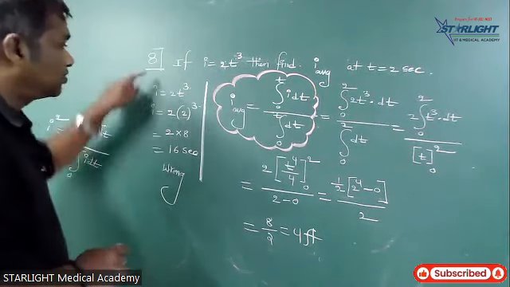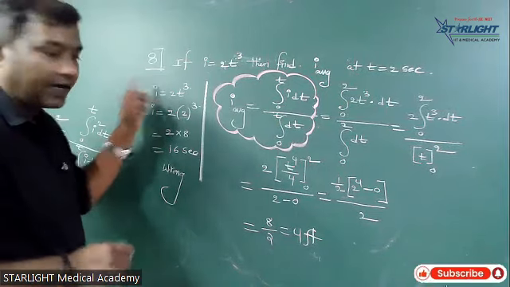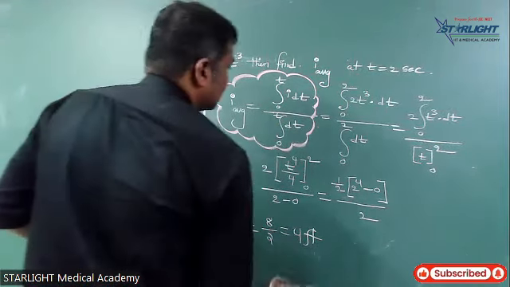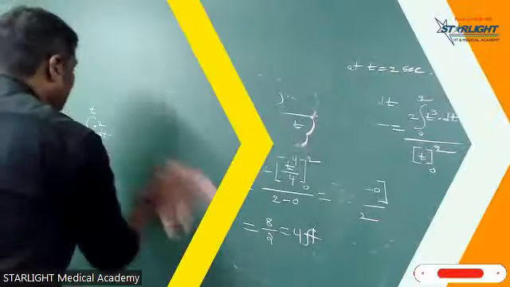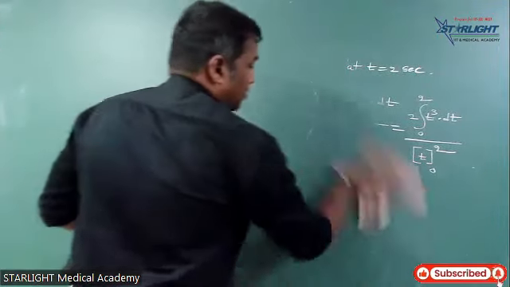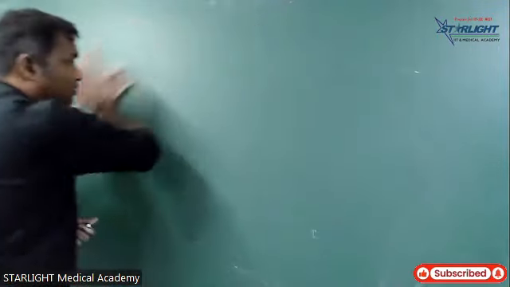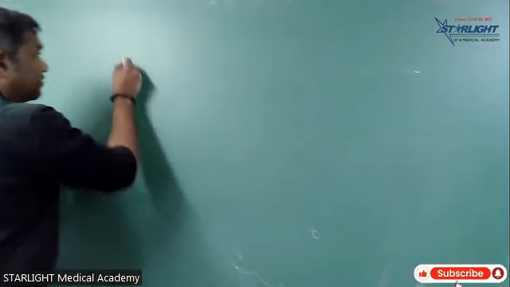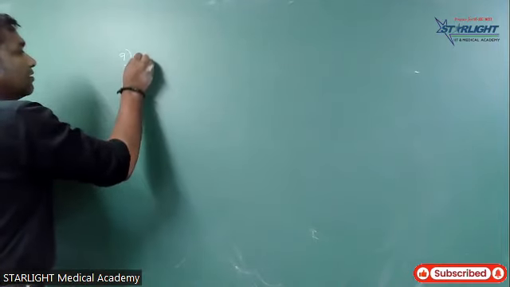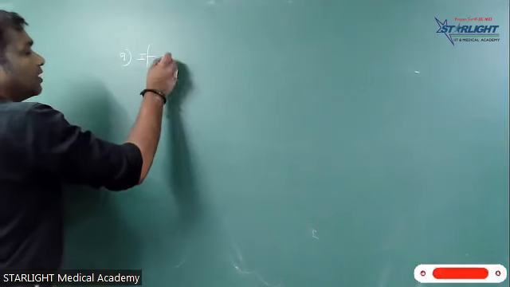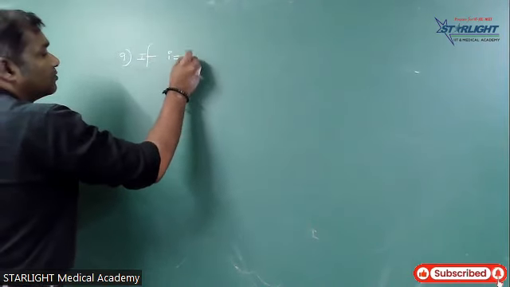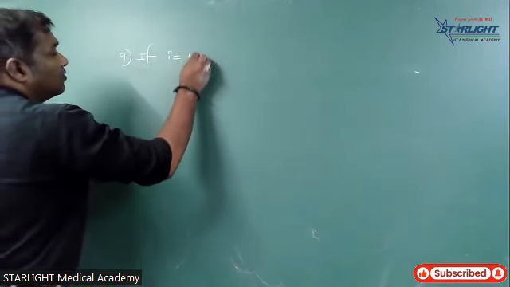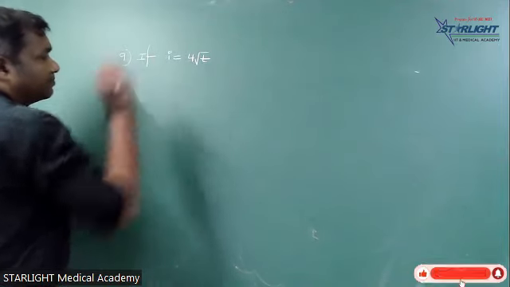Let me do another numerical, the ninth one. For supposing I is equal to 4 root t.